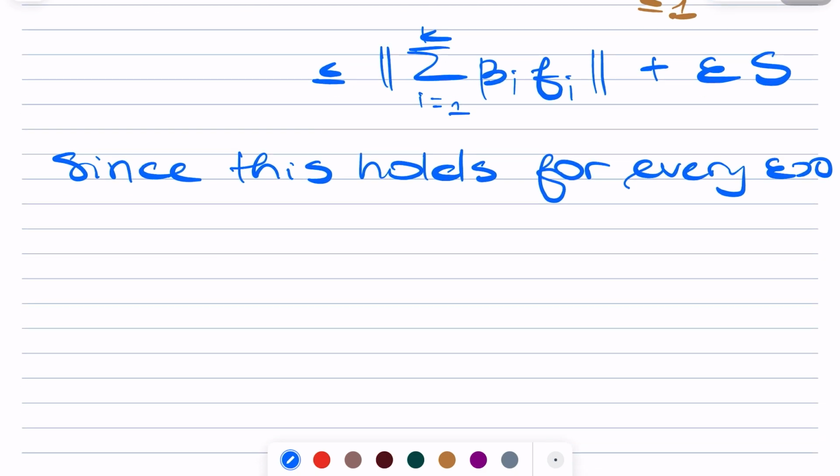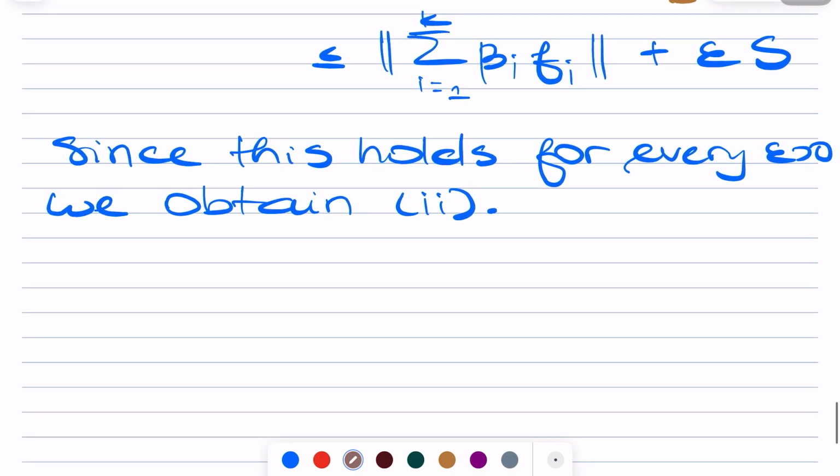So you obtain 2, by making epsilon arbitrarily small, we can just let epsilon go to 0.